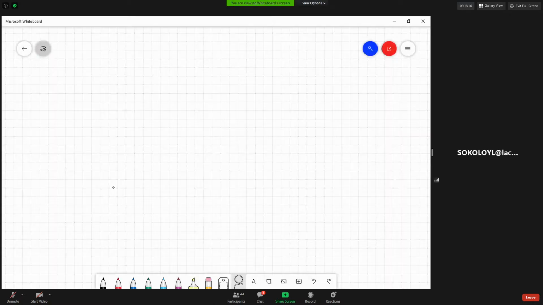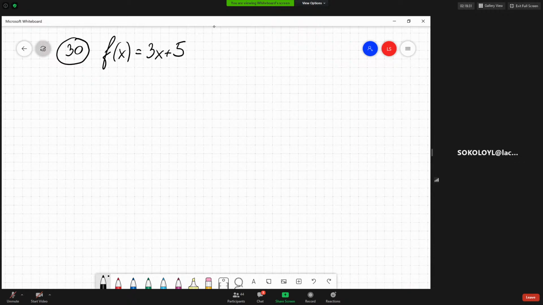Again, let's write down the two equations that we had. This is number 30. First equation, f of x was 3x plus 5. Second equation, g of x was negative 2x plus 15.